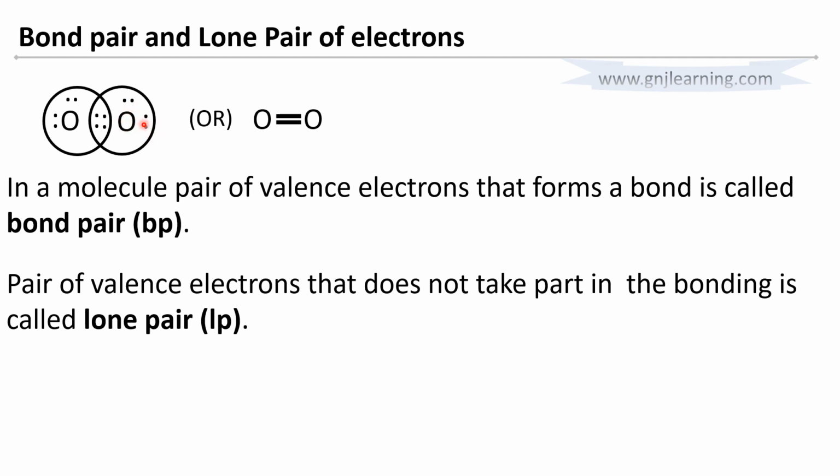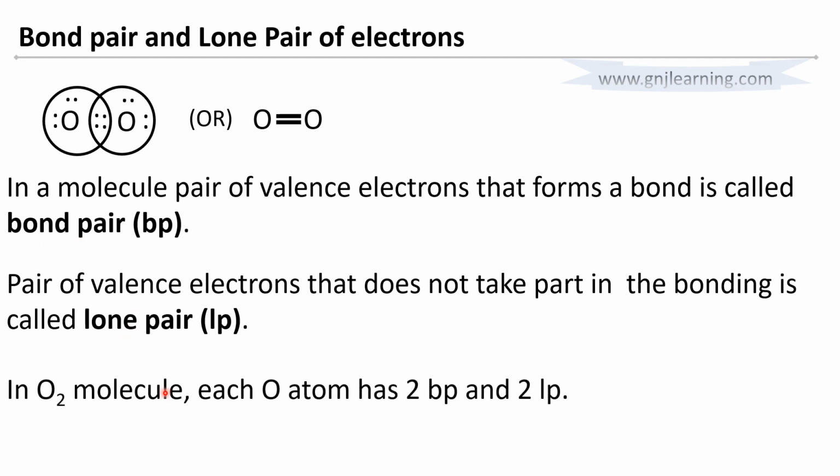These 2 pairs entirely belong to this oxygen atom, similarly these 2 pairs belong to the other oxygen atom, whereas these 2 pairs are shared by the oxygen atoms on both sides. They belong to both. Clear? That is the difference between a bond pair and a lone pair.